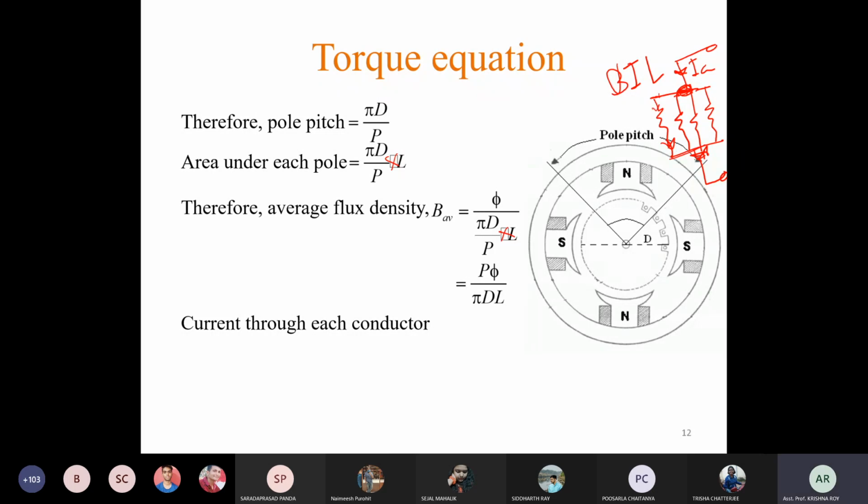Current through each path means each conductor, since all the conductors are connected in series in each path. So current through each path means current through each conductor.